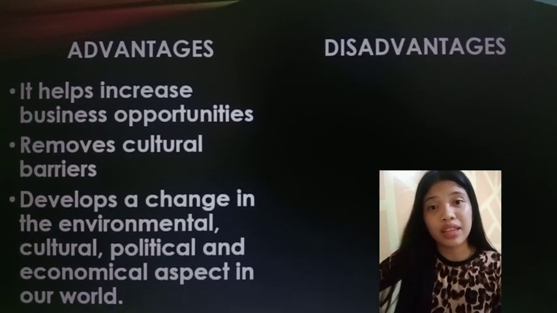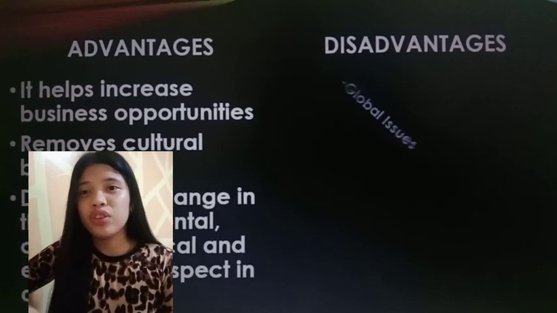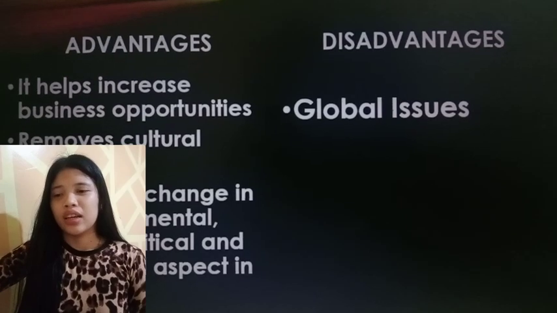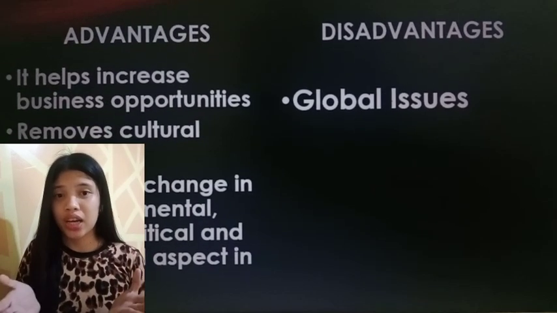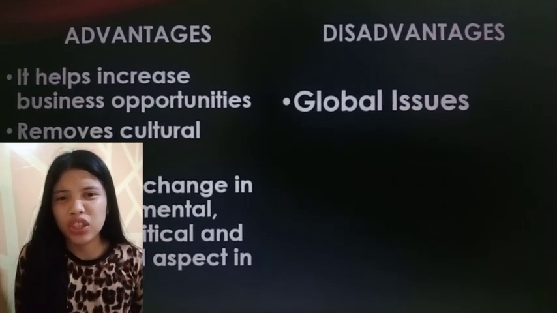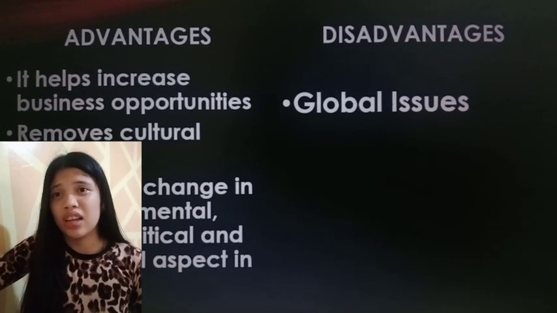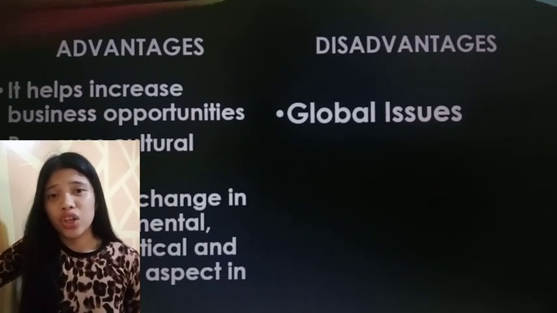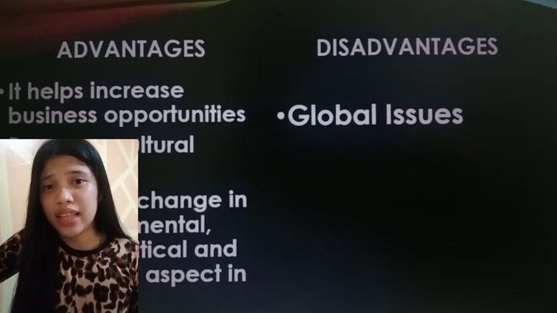Despite its advantages, there are disadvantages in global communication. The first one is global issues. For example, countries like China and America fight, which becomes a global issue and chaos. That becomes a disadvantage in terms of global communication because of their conflict. Next is misunderstanding.